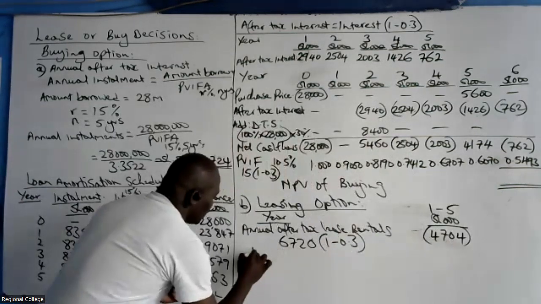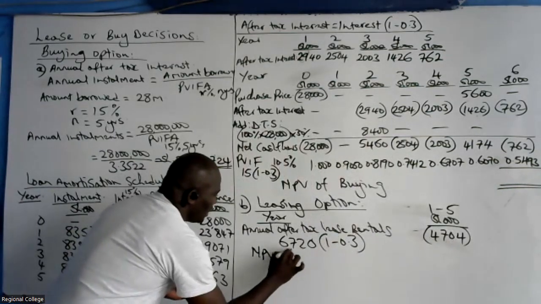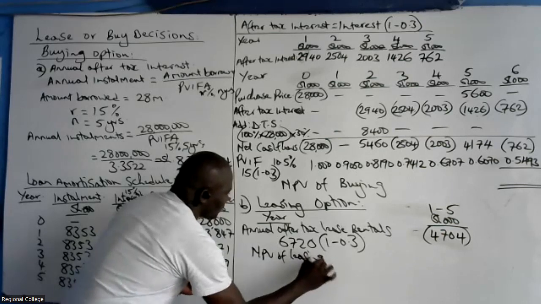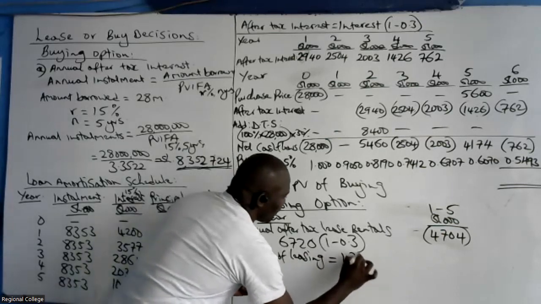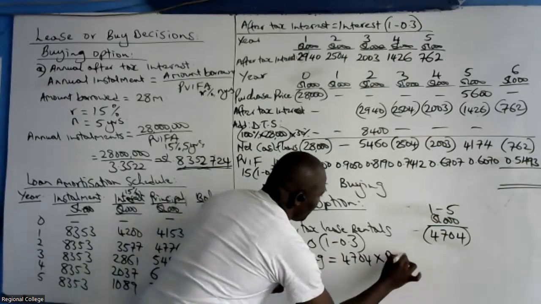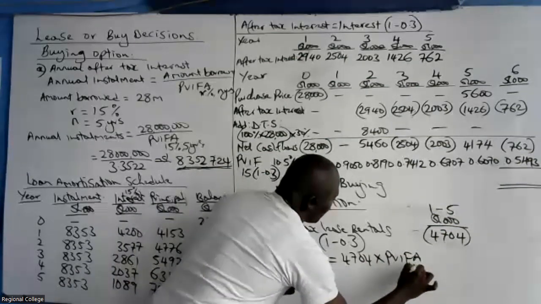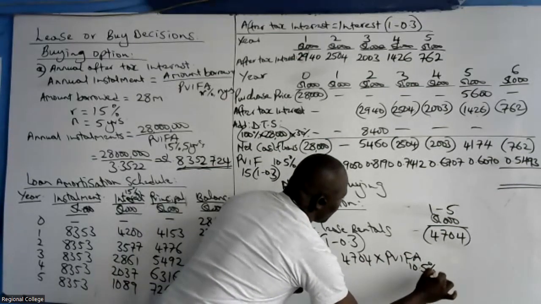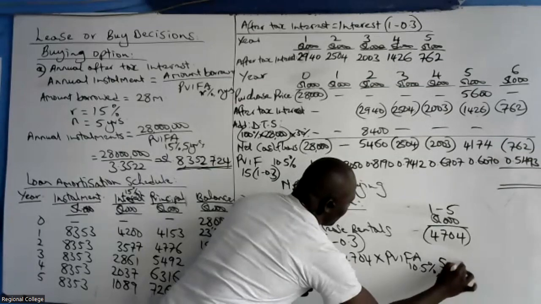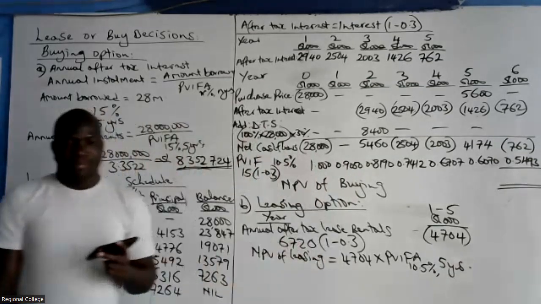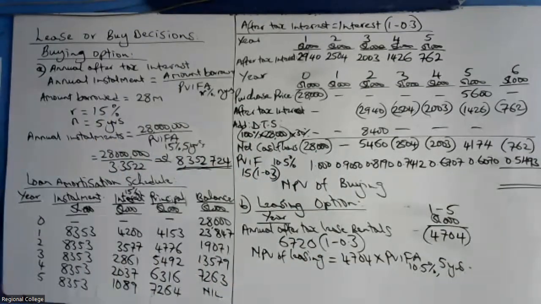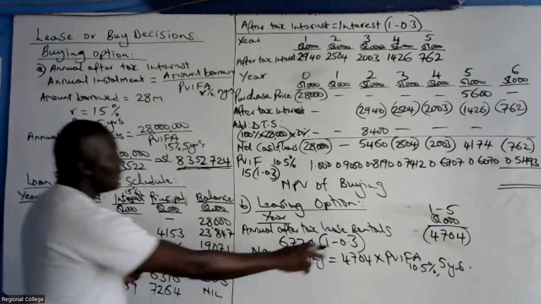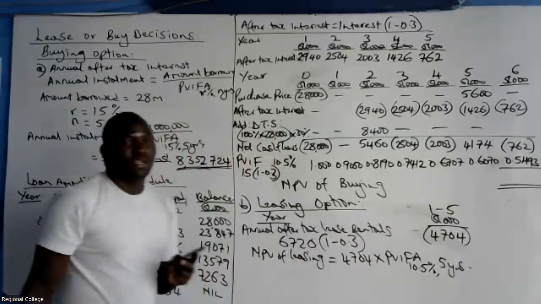So then I have the NPV of leasing, where you have the 4704 times the annuity factor at 10.5% for how many years? For 5 years. Annually, for 5 years, from year 1 to 5.